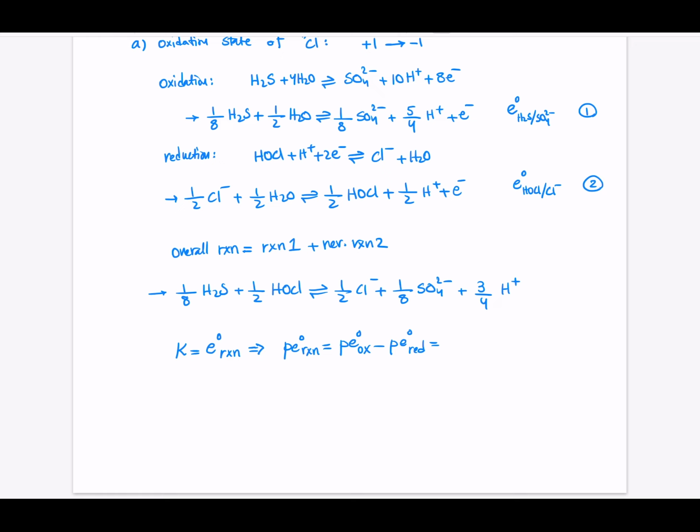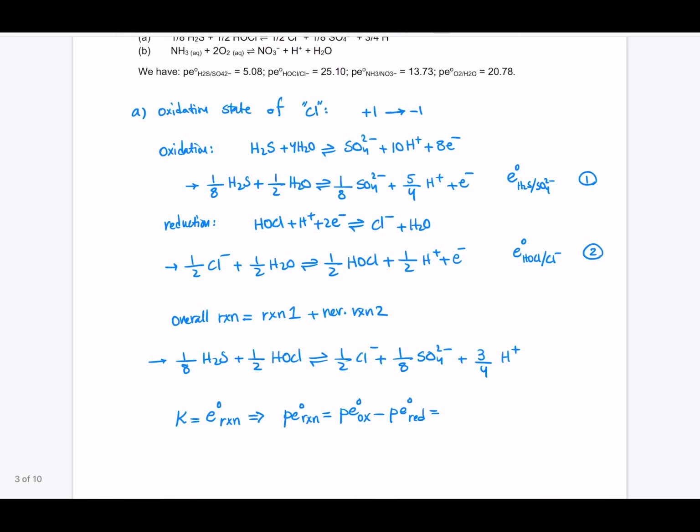So what's the oxidation? Oh, that's the reduction, right? So the pair that is in the oxidation is basically the H2S pair.